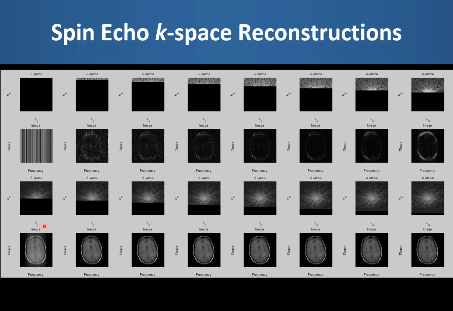As we pass just through the center of K-space, then we start to see the brain, as we are now sampling the low spatial frequencies, which represent the bulk of the contrast in the image. Note that as we acquire the bottom half of K-space, all we are doing is simply improving the spatial resolution in the images.